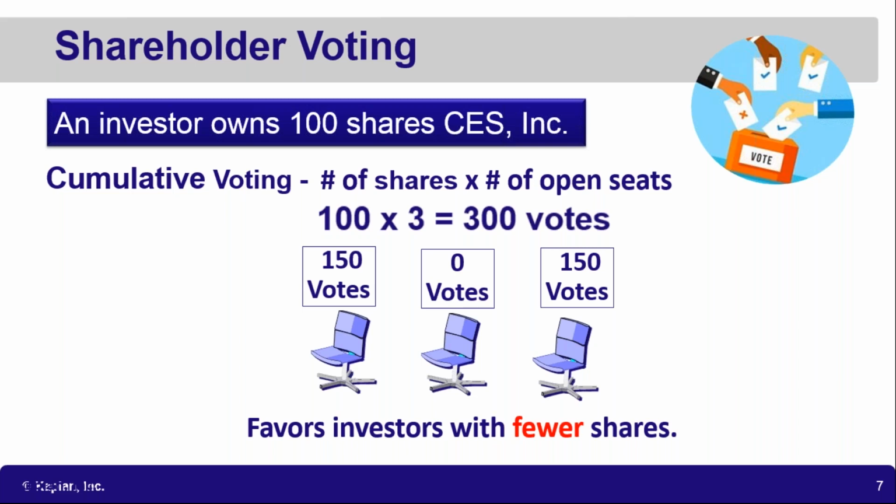This is one of them. They'll give you those 5 candidates and try to pull you into that answer. Do not pick candidates. Take the number of open seats, multiply times the number of shares you have, and that's how many votes you have to work with for the cumulative voting. If you use the 5 candidates, believe me, there'll be an answer for you. Great way to get a 68.